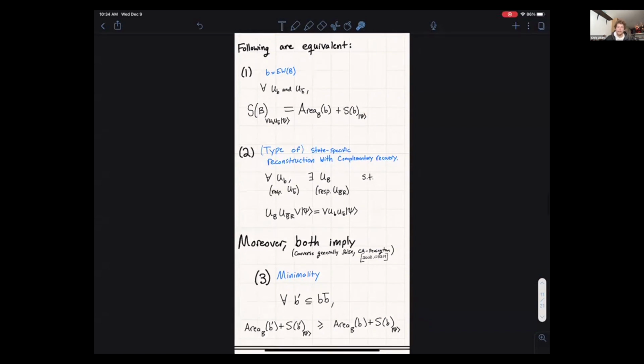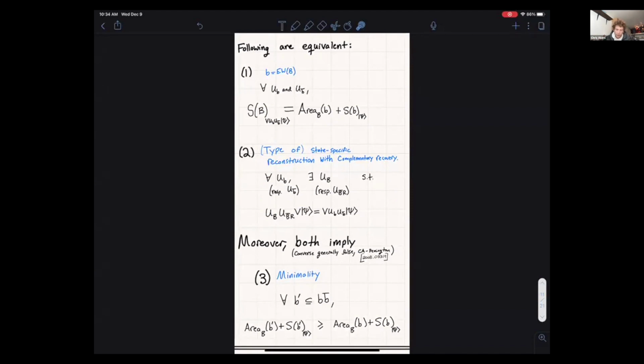Okay, so the quantum error correction condition that is equivalent to little b being in the entanglement wedge of capital B is this one with product unitaries. To spell it out, the statement is that for all u little b, there is a u capital B that does the same job acting on psi.